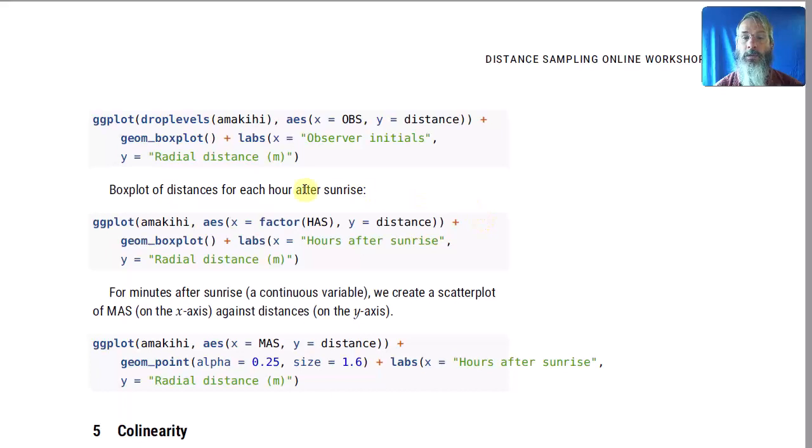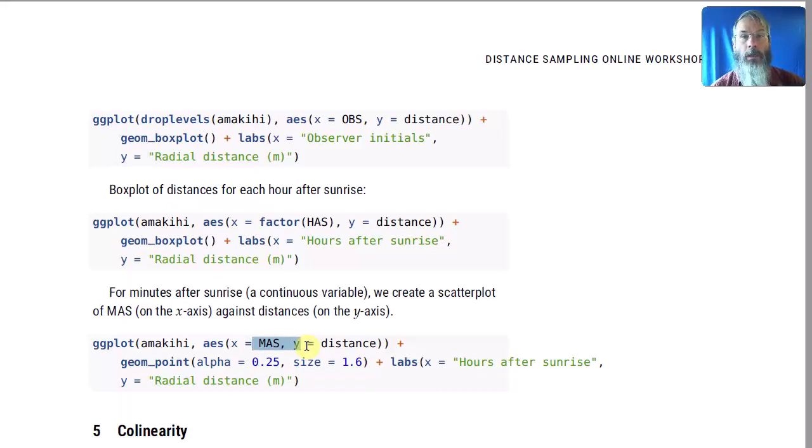There's some information here, some examples of how you would go about writing R code to start looking at the distribution of these radial distances, and in particular how those distributions of radial detection distances might vary across observers or might vary across hours or minutes after sunrise.